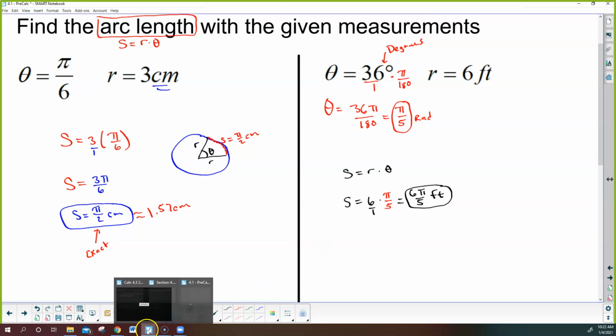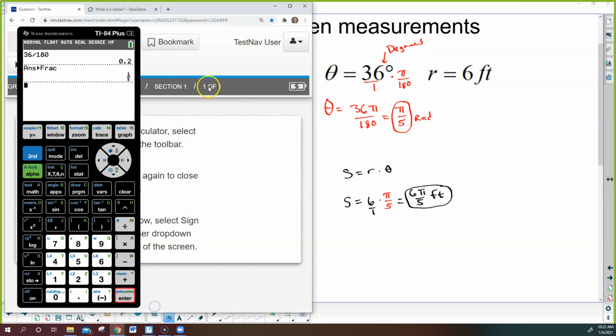But what if they want a non-exact answer? How would you do this? There's a couple of different ways to do it. You have to be careful in your calculator. I can't type it in as 6 pi divided by 5, because that may not do what I want.